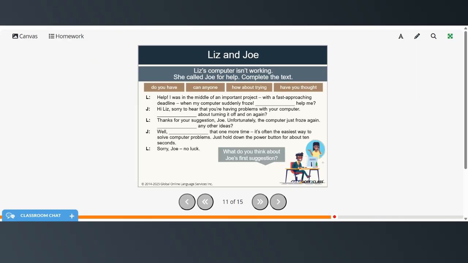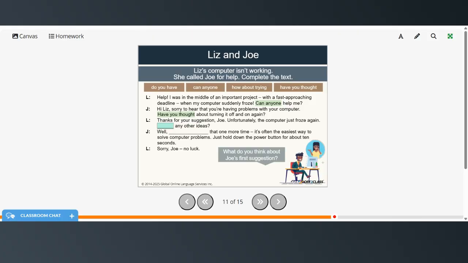Help! I was in the middle of an important project with a fast approaching deadline when my computer suddenly froze. Can anyone help me? Hi Liz, sorry to hear that you're having problems with your computers. Have you thought about turning it off and on again?